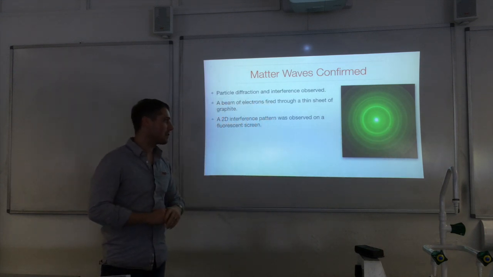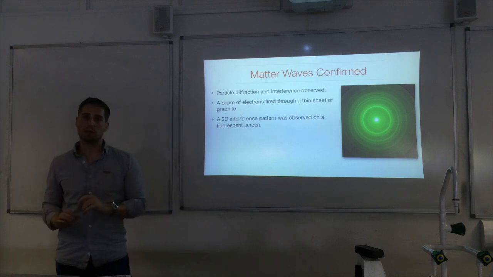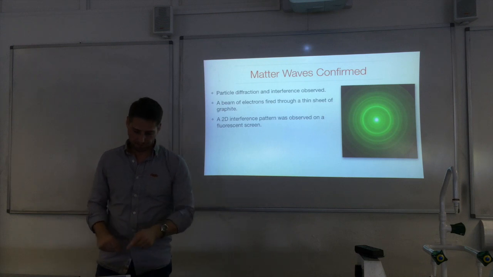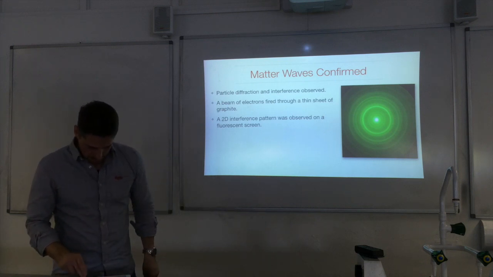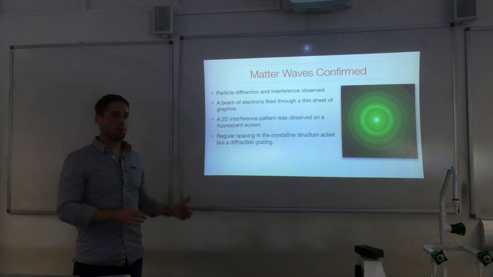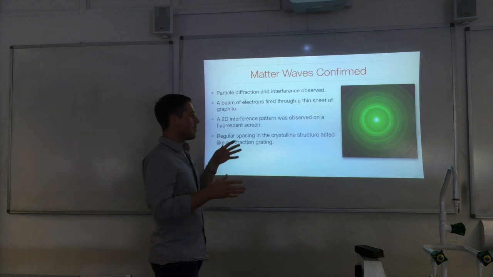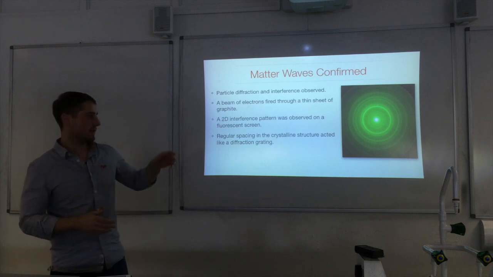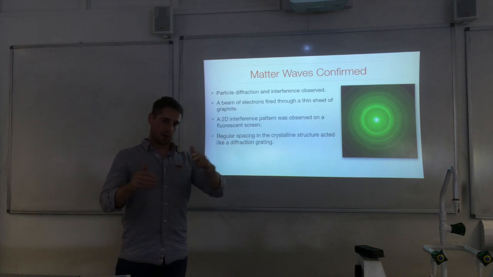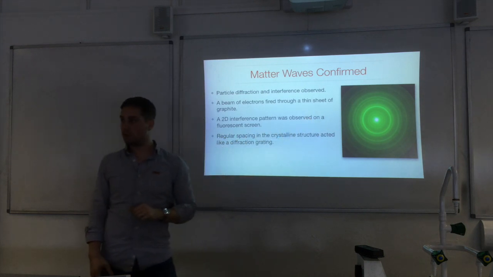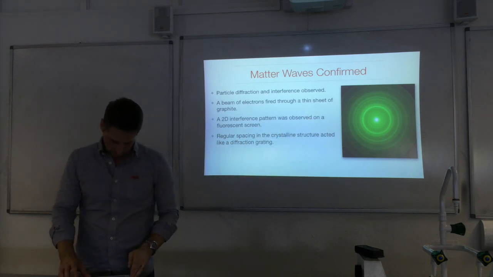So we're getting this pattern of light and dark rings, just like Young's double slit experiment, light and dark fringes. And the reason that this arose is because there's a regular spacing in the crystalline structure of graphite, and that behaved like a diffraction grating. But obviously it's two-dimensional, so that's why you get a two-dimensional interference pattern.